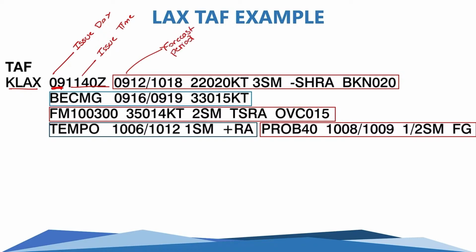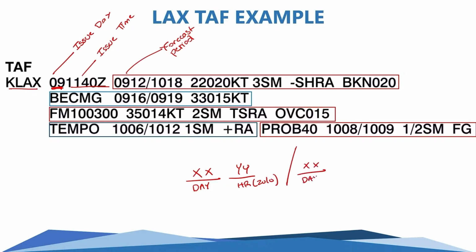And the way that we read these is anytime that you basically have four numbers that would look something like this, okay? So it's basically two numbers. I'm going to put X and X, and I'll put Y and Y. The first two numbers are once again going to be the day of the month, and then it's going to be the hour in Zulu time, okay? And then you'll have this slash, and then it's going to basically repeat again.